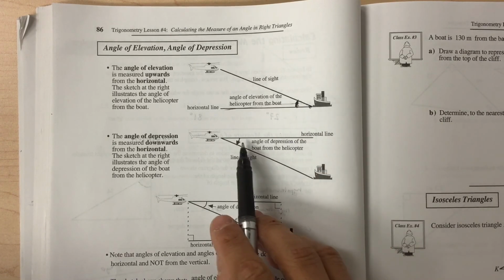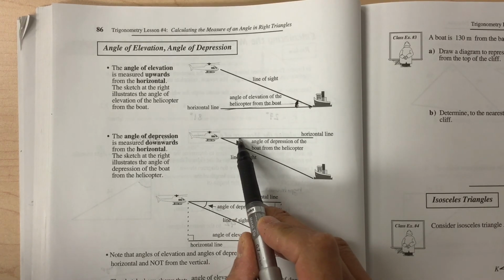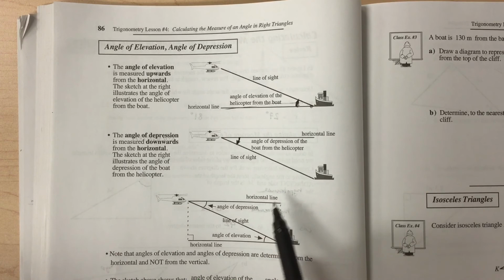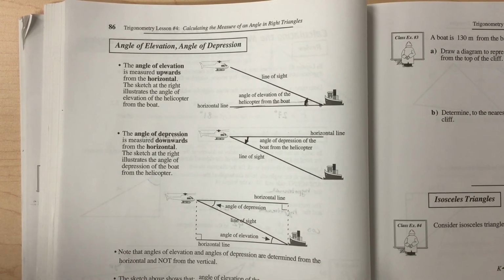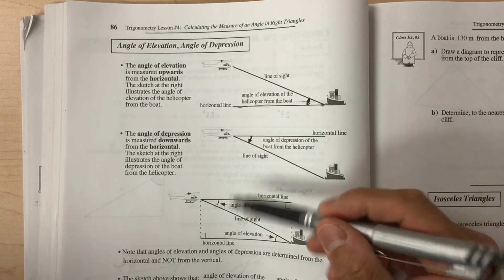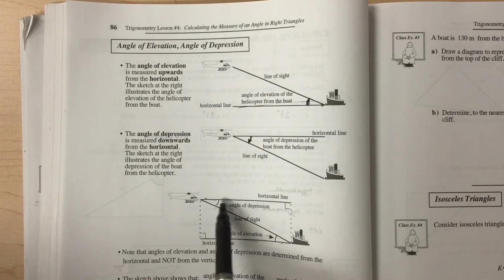Depression is going down. So the angle of depression of the boat from the helicopter is measured from my horizontal line going downwards. The angles of elevation and depression are determined from the horizon, not the vertical. This is a vertical here, and this is the horizon going across. That's how our angles are measured.